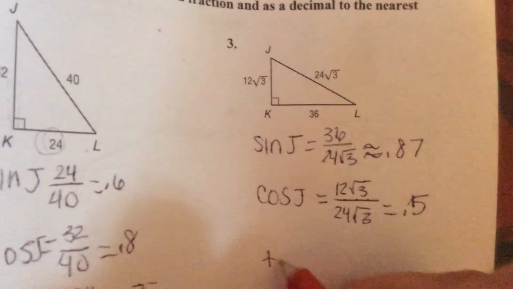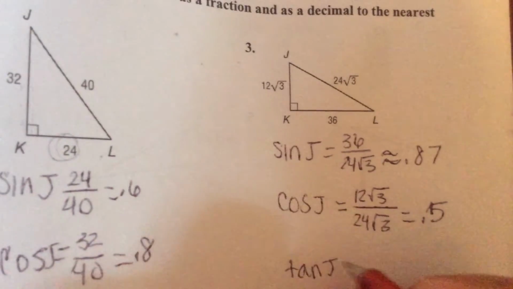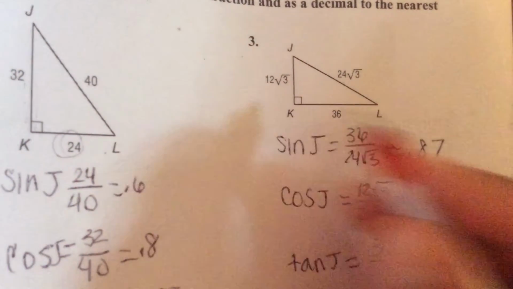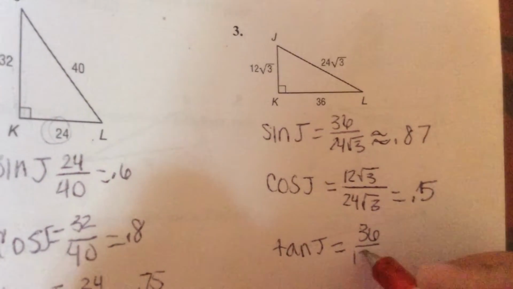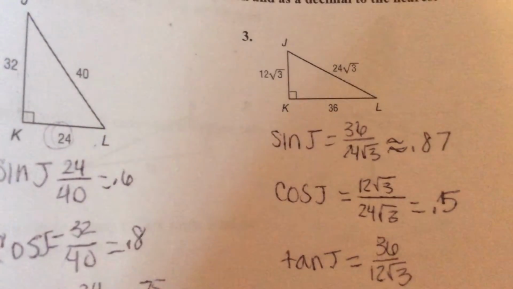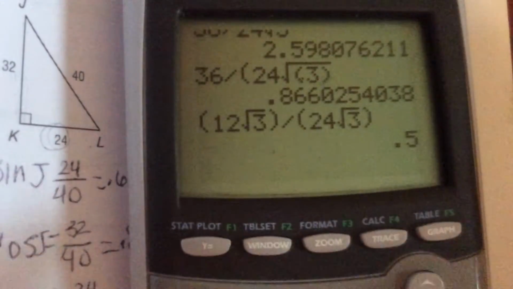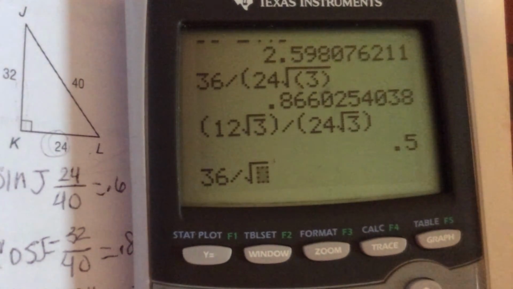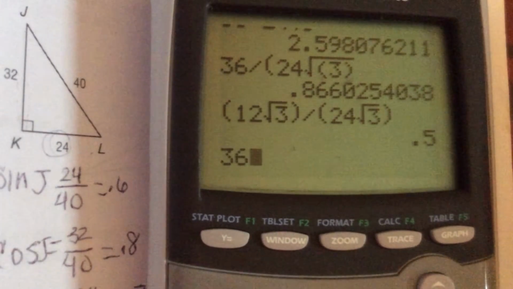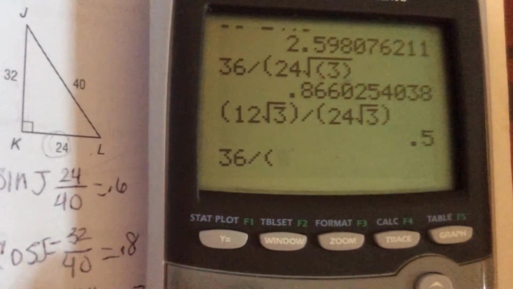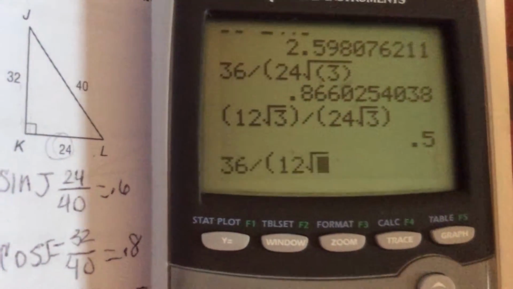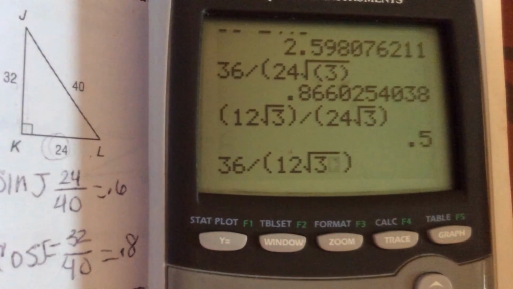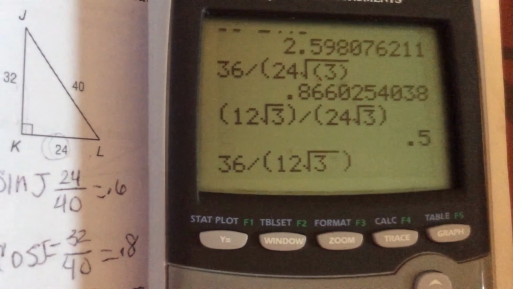The tangent of J, opposite over adjacent, so we have 36 over 12 square roots of 3. 36 over 12 square roots of 3.